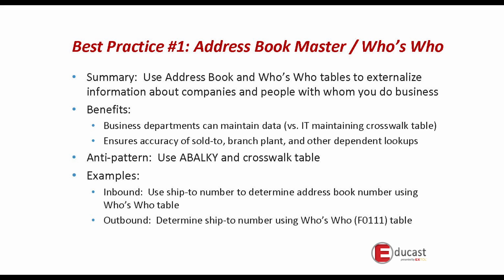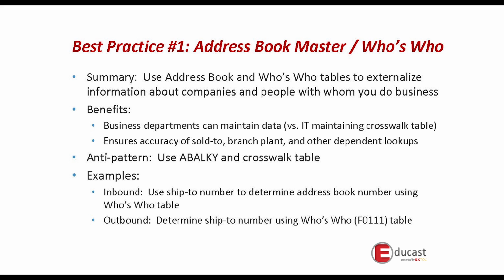We have examples, and in examples we have our inbound data. So for example, when we receive a ship to number in an inbound 850 and we have to determine the address book number, we can chain out to our Who's Who table to get our address book number, as opposed to using an internal crosswalk table. And in our package that Jim alluded to, we have several examples in almost all the maps where we do this in our inbound maps.